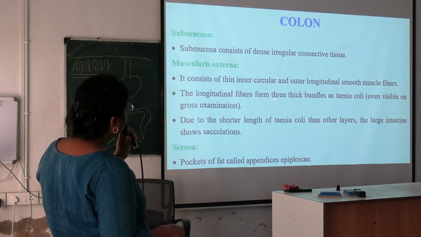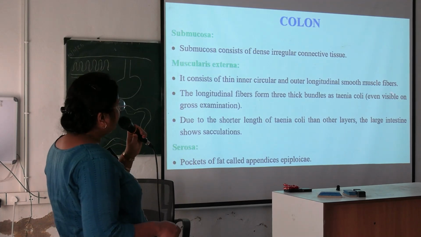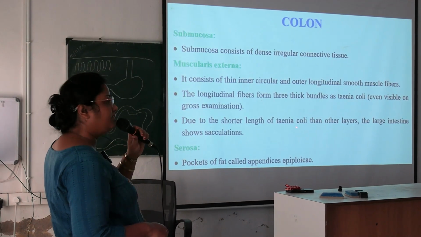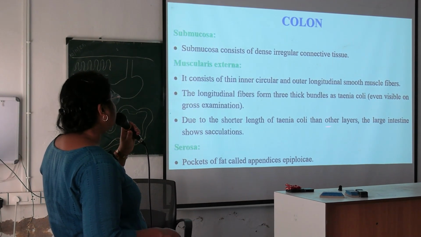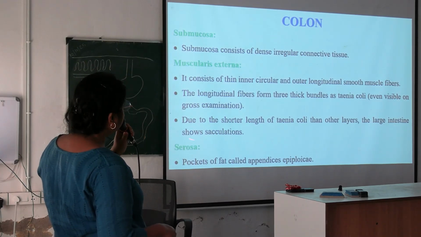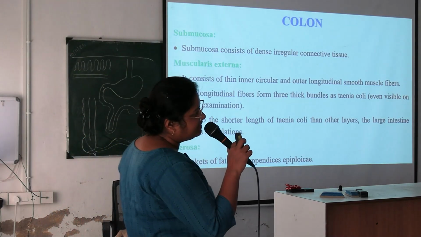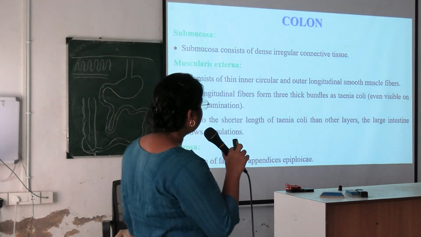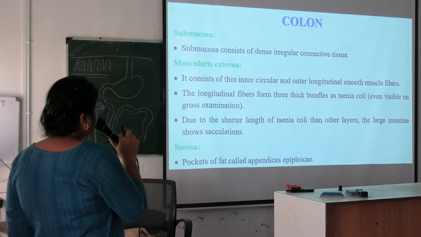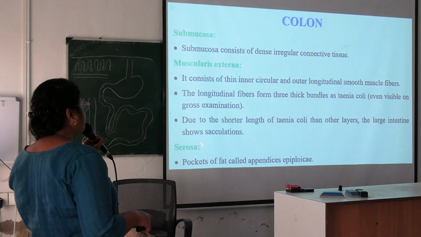The longitudinal fibers form 3 thick bundles as Tenia Coli, even visible on gross examination. Due to the shorter length of Tenia Coli than the other layers, the large intestine shows sacculations. Okay, we have already said Tenia Coli length is lesser than the gut length. And the serosa has pockets of fat called Appendices epiploicae.